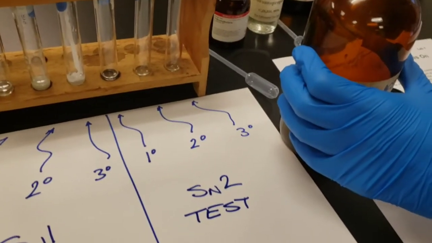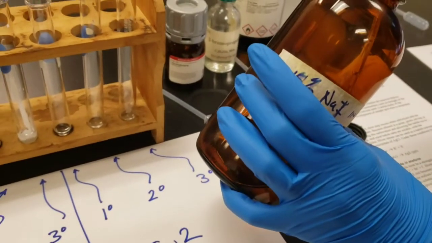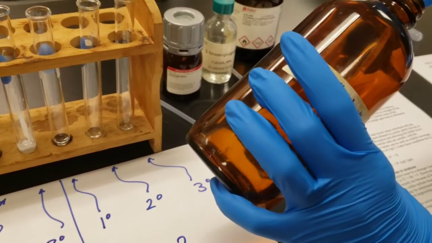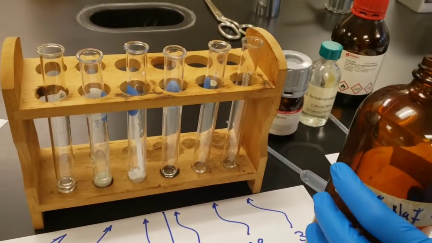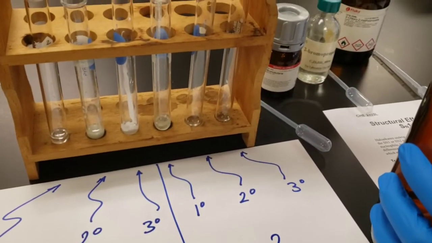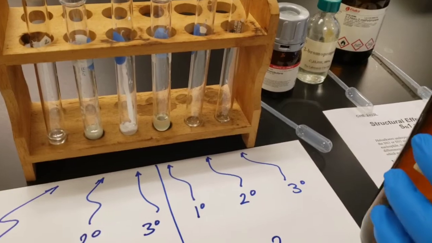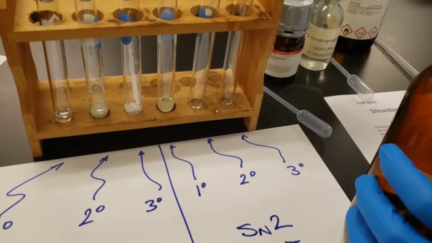Next, we're going to add sodium iodide that is dissolved in acetone. This is not sodium iodide in water, this is sodium iodide in acetone. I'm going to add that to test tubes 1, 2, and 3 as a test for the SN2.